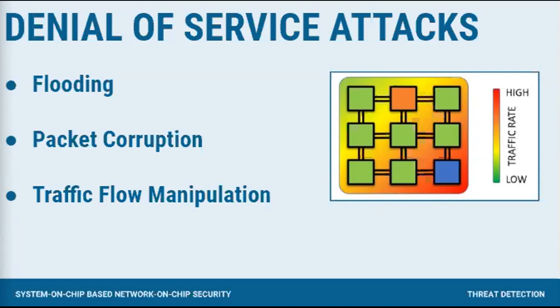This is a threat model where the packets are unfairly treated by the routers to cause a denial of service attack. If a malicious network on chip intellectual property picks a victim intellectual property that is an important system on chip component, it manipulates the packets to cause a denial of service attack.